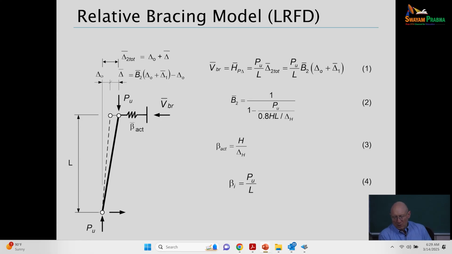Now, if we look at equation 2, and if beta actual, H over delta H, was equal to PU over L, actually, if the beta bar actual was equal to PU over L is the way I should say it, so then we have a 0.8 H over delta H. Okay, if that's equal to PU over L, what happens?